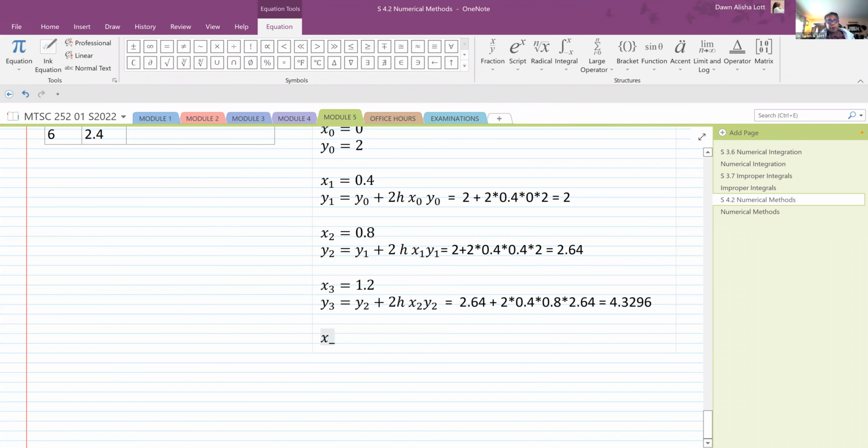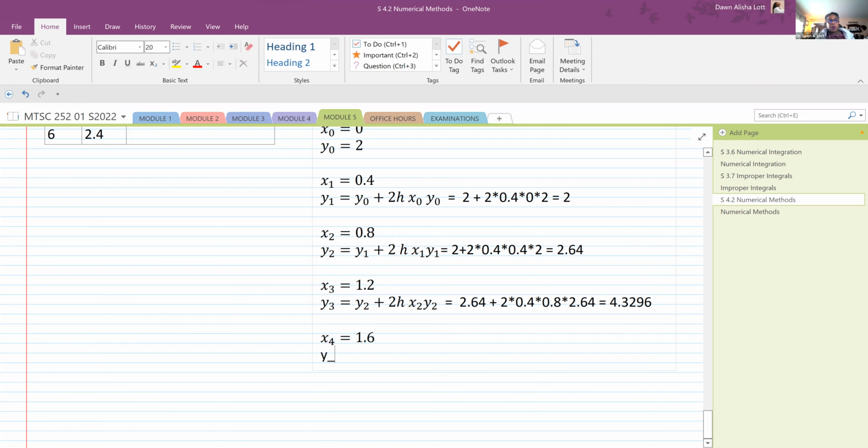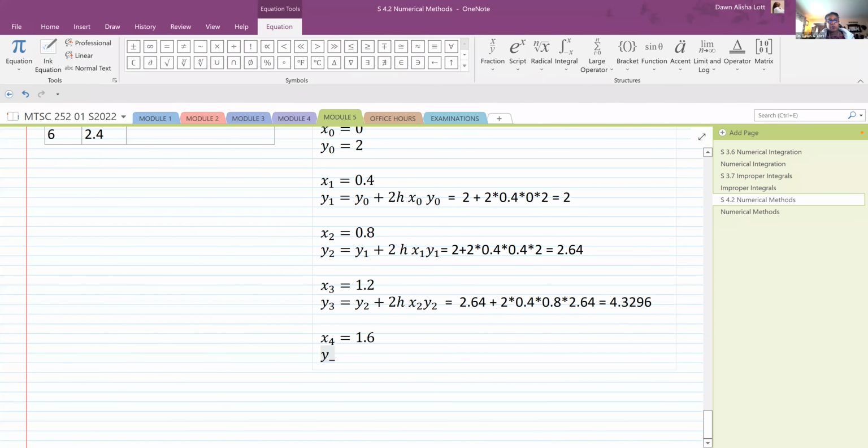x4 is 1.6. And y4 is y3 plus 2 times h times x3 times y3. Okay, so again, once I find my formula, I just use it over and over again.